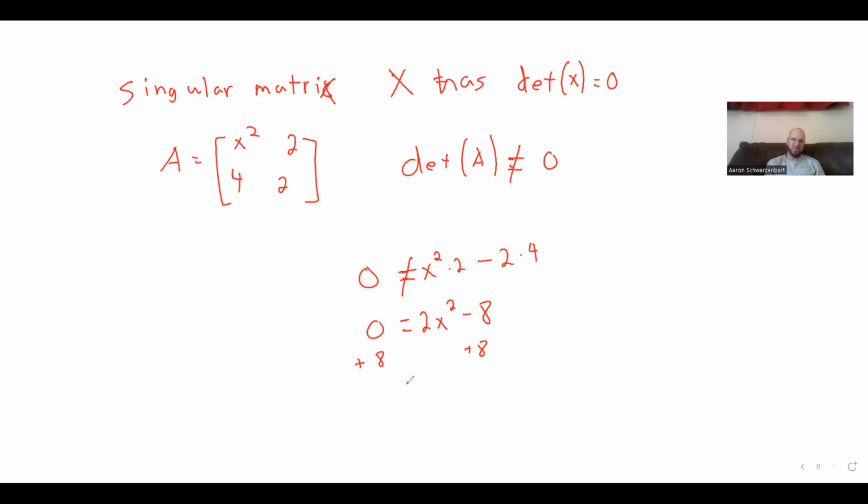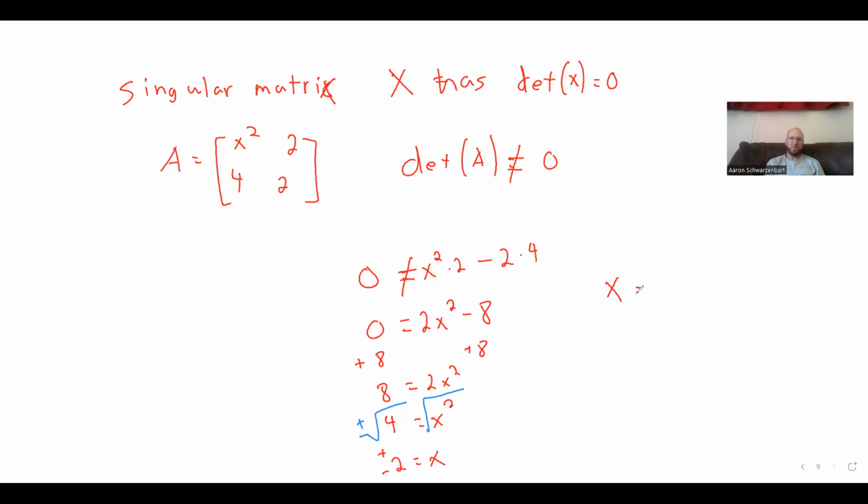by solving this equation. I'll divide by 2. I get x squared equals 4. And then I will square root both sides. And when I introduce the square root, I must introduce the plus or minus, because positive or -2 squared would give me 4.